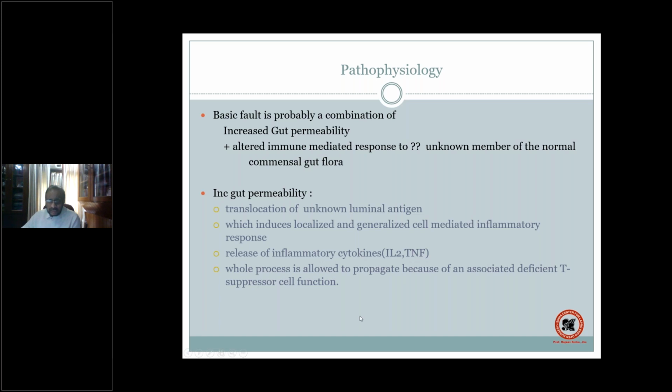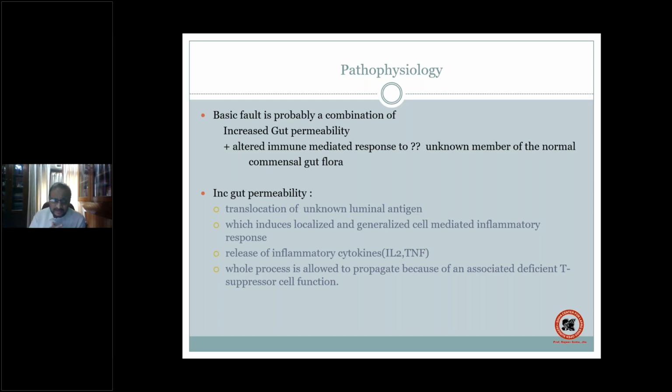The whole process is allowed to propagate. Why? The body should take care of it, but it's not taking care of it. That is where the altered immune-mediated response comes into play. What is probably occurring in this patient who has Crohn's disease is that there is an associated deficient T suppressor cell function. Now, T suppressor cells are important to suppress all unwanted inflammatory responses, unwanted immune responses.